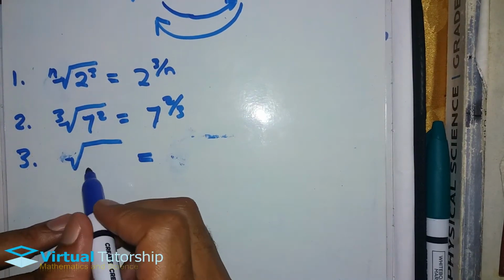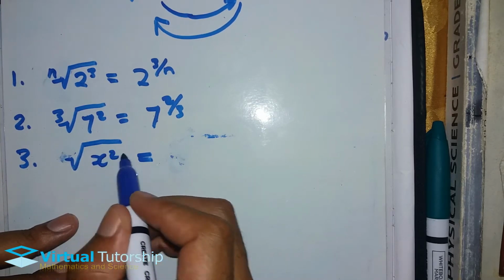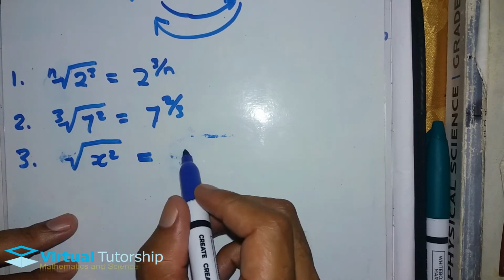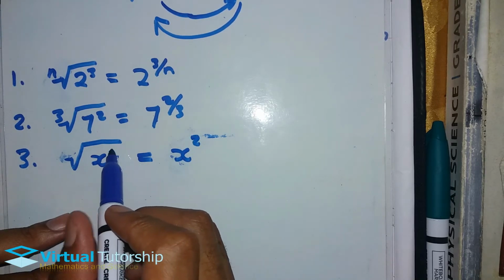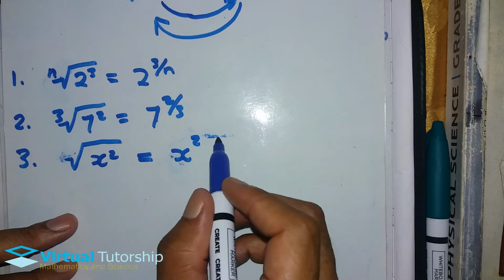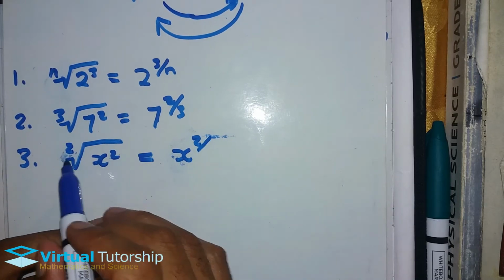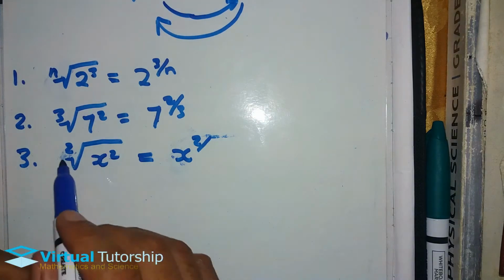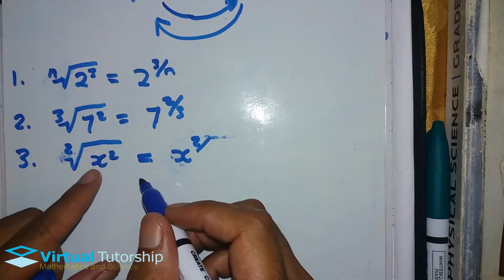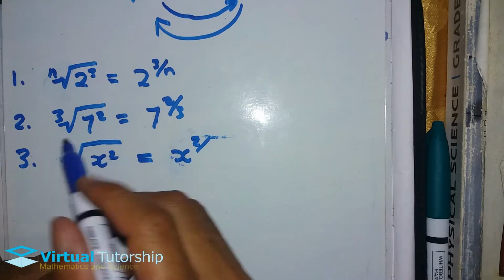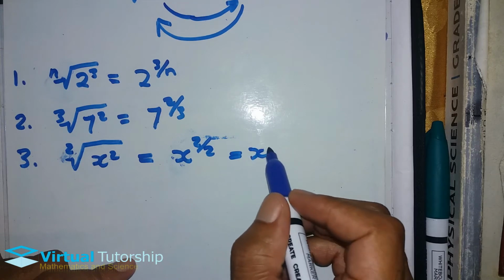So let's say maybe let's start with x squared, right? In the second root of x squared, it's going to be 2 over 2, and 2 over 2 is the same thing as 1.